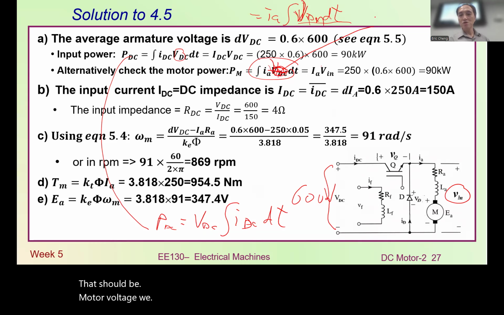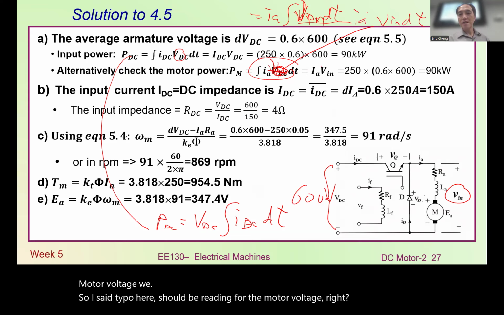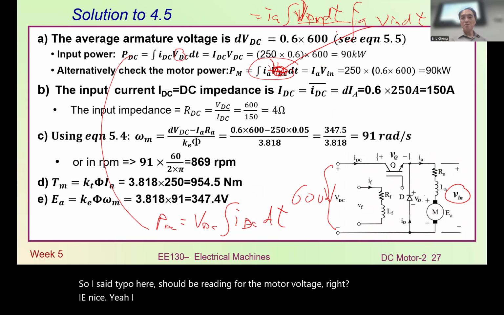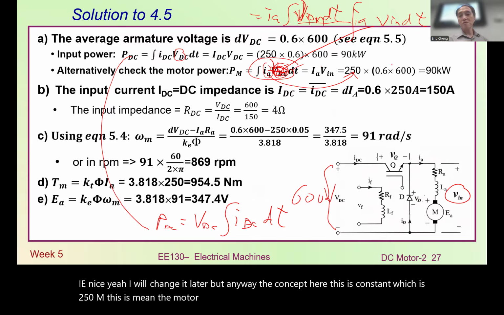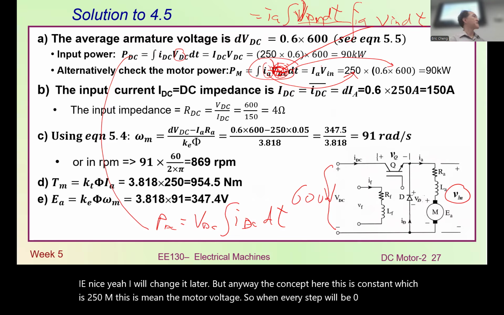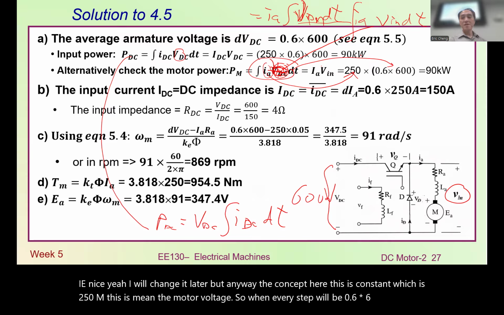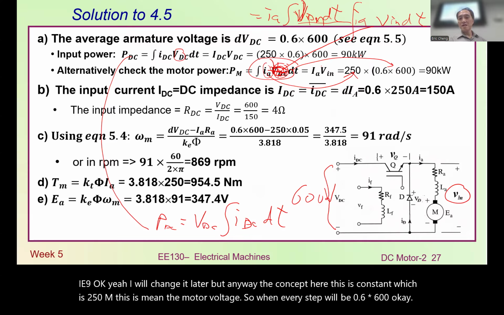So I said the typo here should be V in for the motor voltage, right? Like that. I will change it later on. But anyway, the concept here, this is constant, which is 250 amp. This is the motor voltage. So when we average them it will be 0.6 times 600. Okay, that's how we get to that.